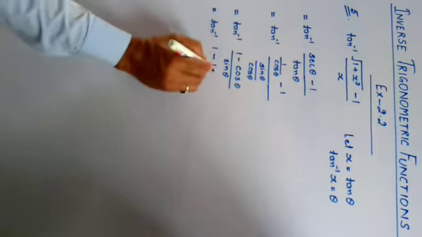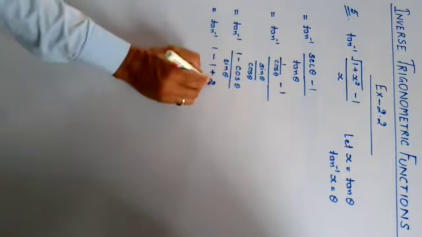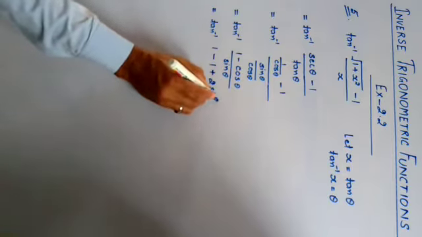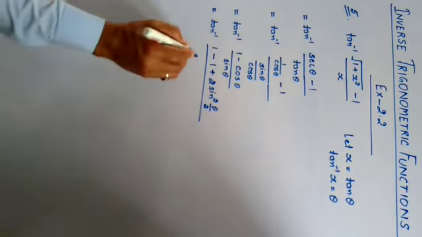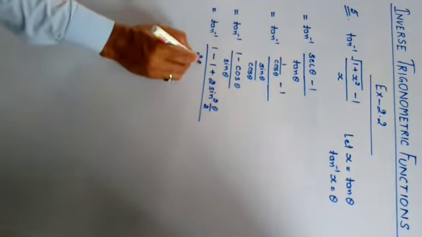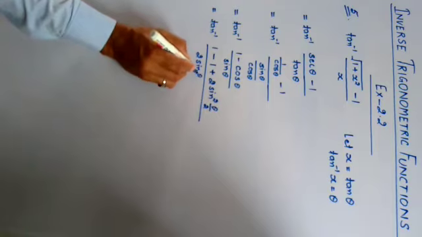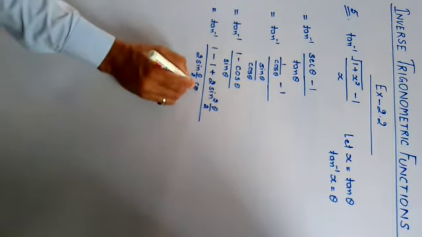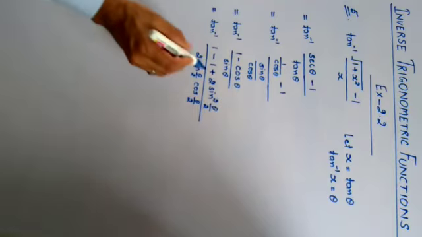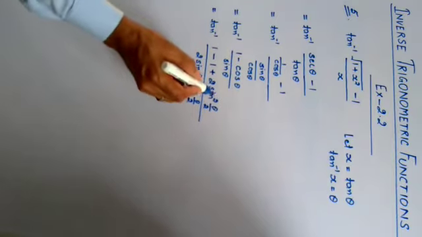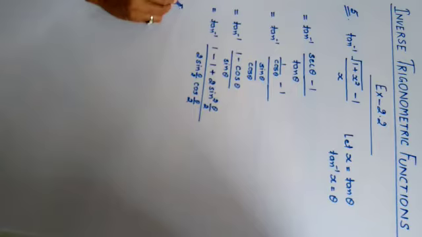But here the sign is minus, so 1 plus 2 sin square theta by 2, and sin theta is 2 sin theta by 2 cos theta by 2. 1 will eliminate, 2 will eliminate, sin theta by 2 and sin theta by 2 cancel.